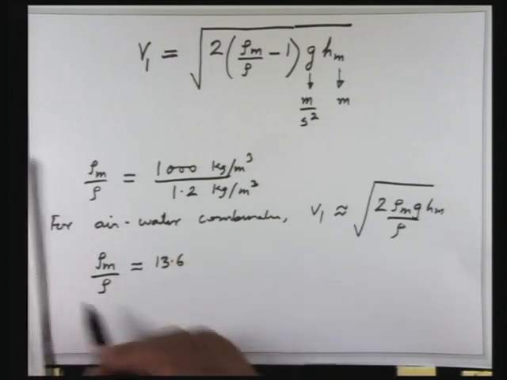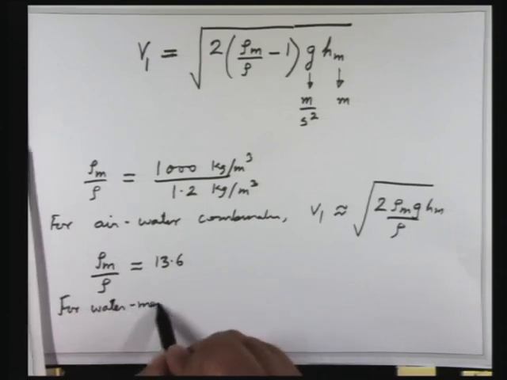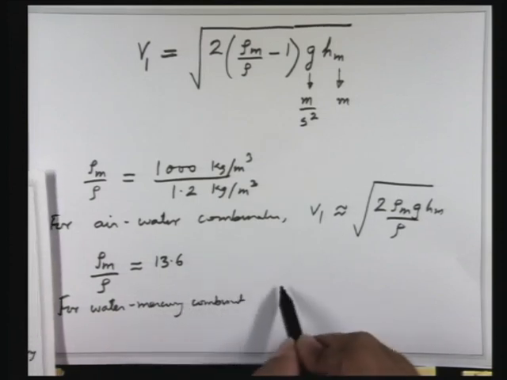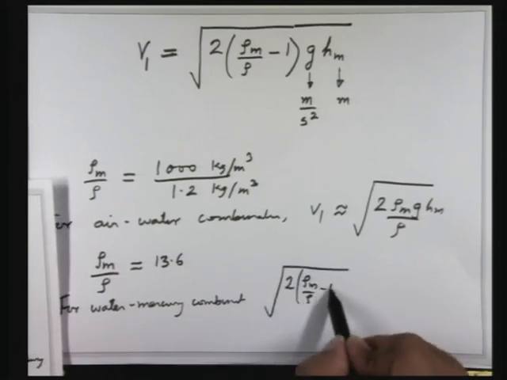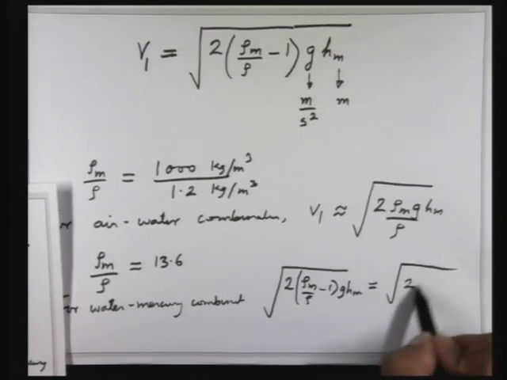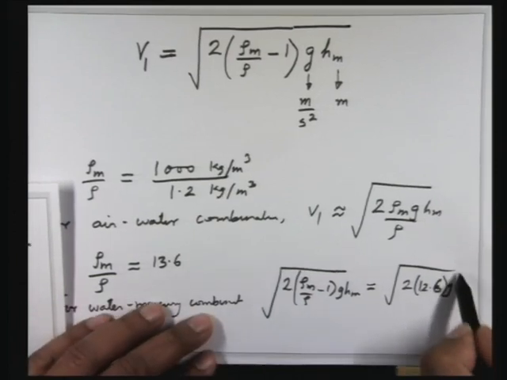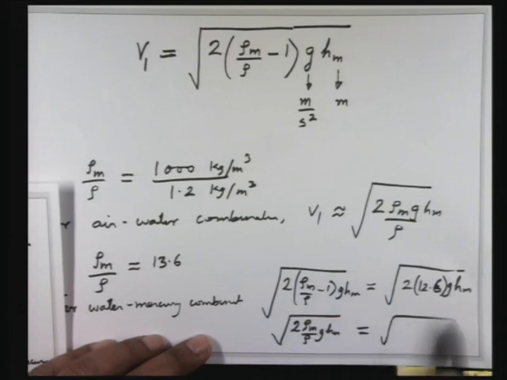So for this case, the water-mercury combination, if you look at the expression twice rho m by rho minus 1 into g hm, this is going to be twice into 12.6 into g hm. Whereas if you take the expression twice rho m by rho g hm, it is going to be twice 13.6 into g hm.